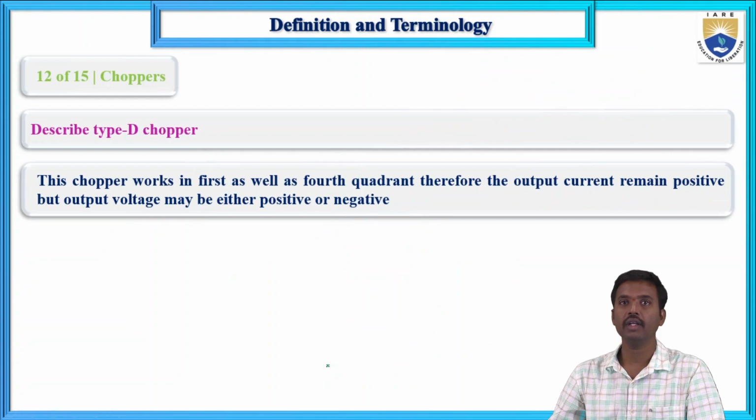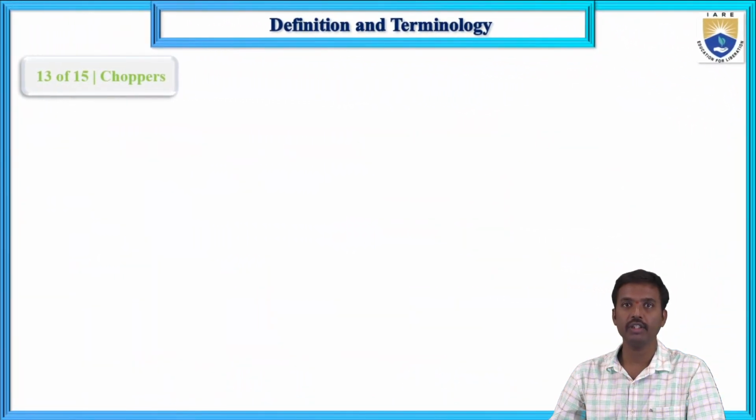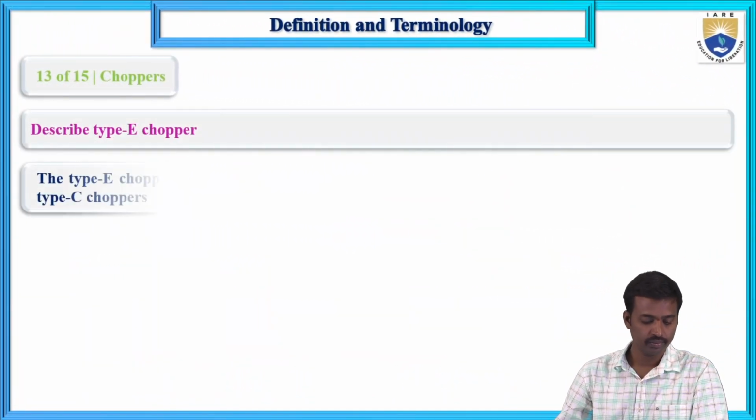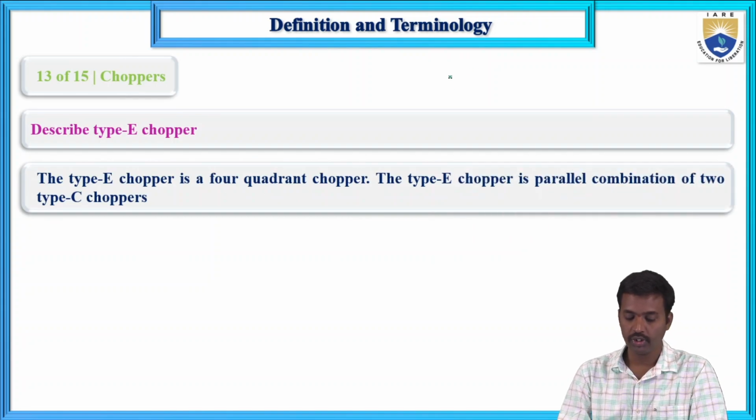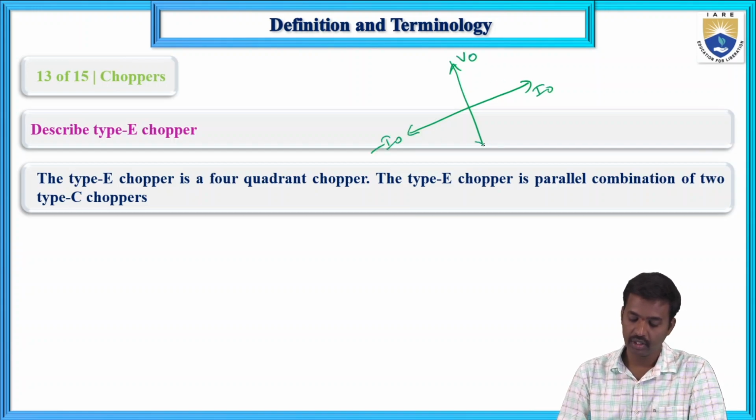Now class E chopper, 13th question. It operates in all four quadrants. So I0, V0, minus I0 and minus V0.